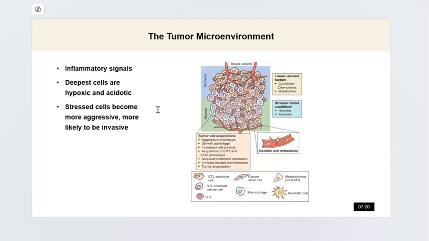The tumor region that is closest to the blood vessels up here has a normal oxygen supply. The tumor region at a distance from the blood vessel has hypoxic and acidotic cells that cause cell stress.